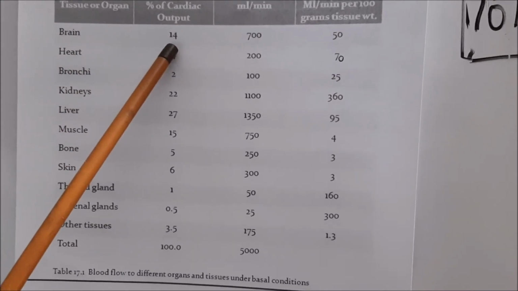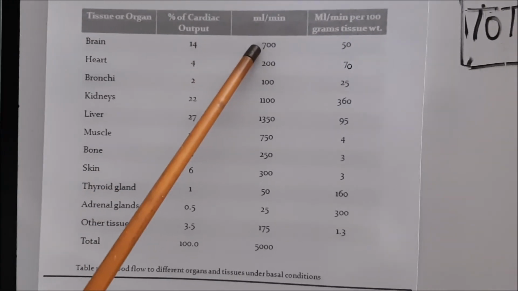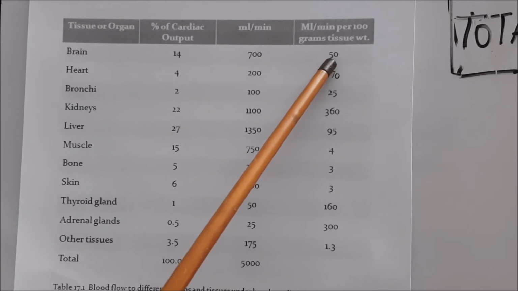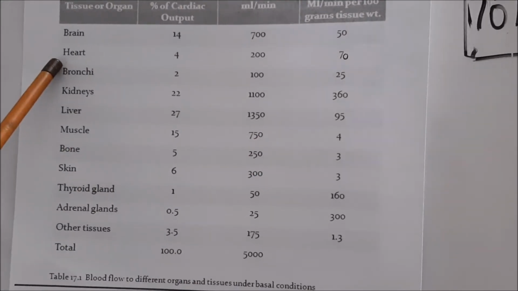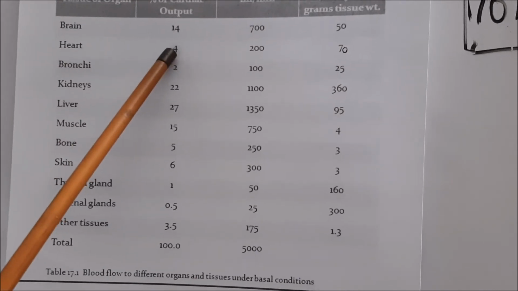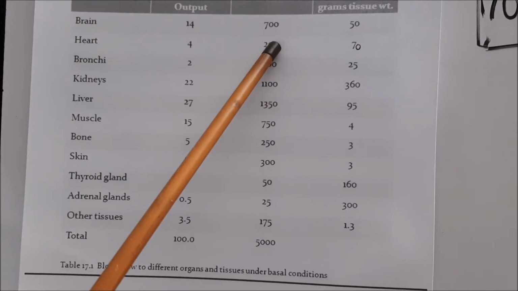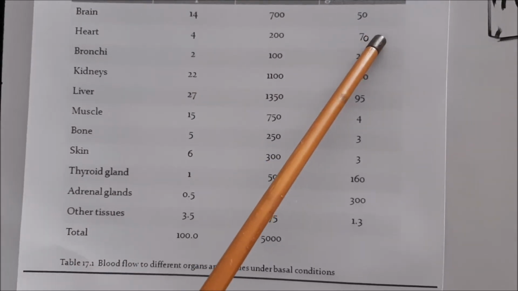The brain gets 14% of cardiac output, total 700 ml per minute, and 50 ml per 100 gram of tissue. The heart gets 4% of cardiac output, total 200 ml per minute, and 70 ml per 100 gram of tissue.